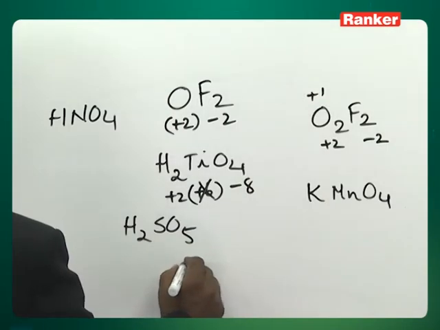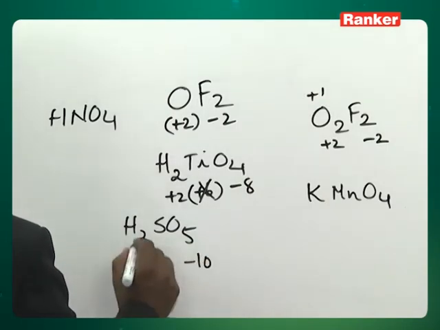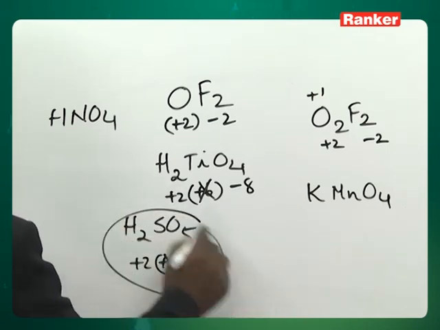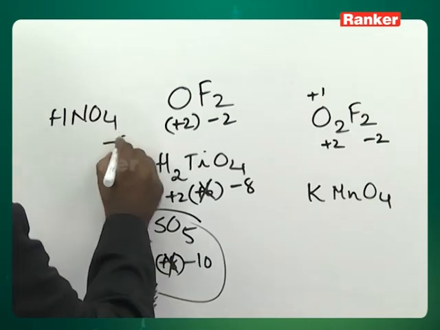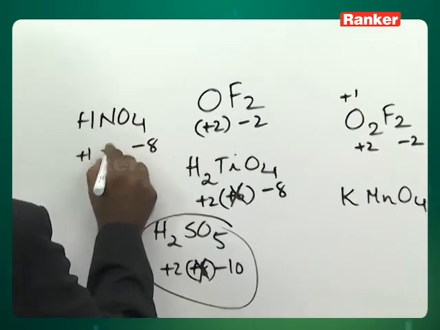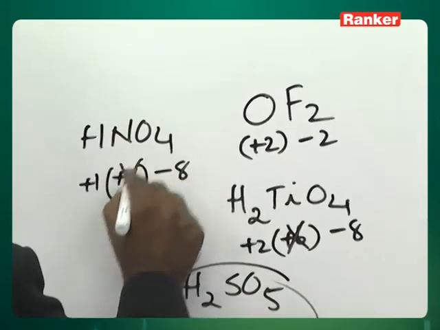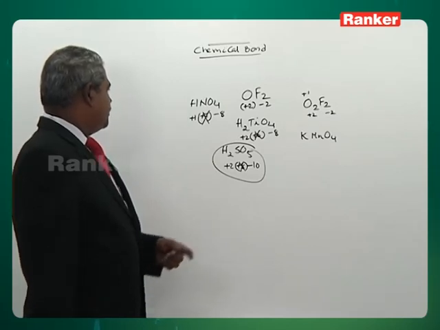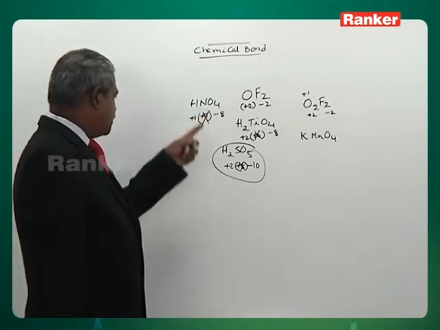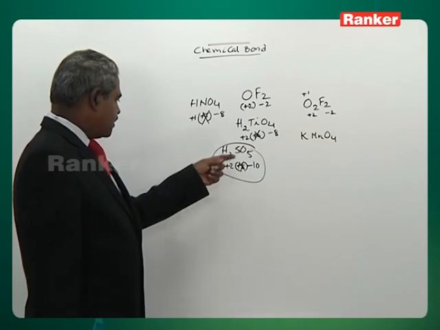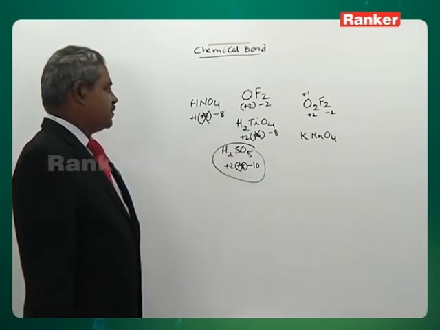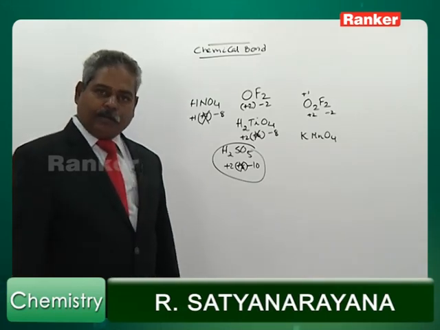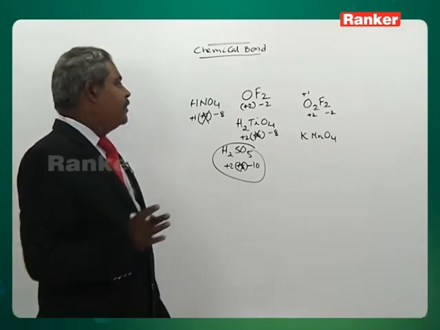H2SO5: minus 10, plus 2, plus 8, impossible, peroxy. HNO4: minus 8, plus 1, plus 7, impossible. Pernitric acid, or peroxynitric acid, contains a peroxy bond. Likewise persulfuric acid, peroxysulfuric acid.